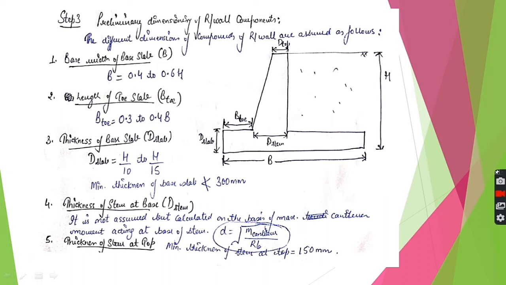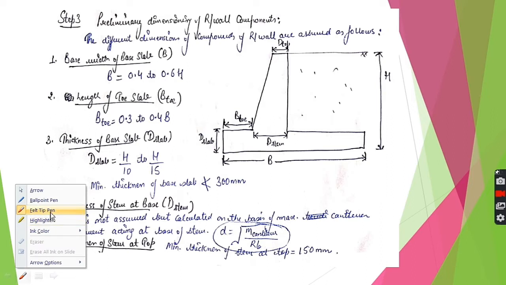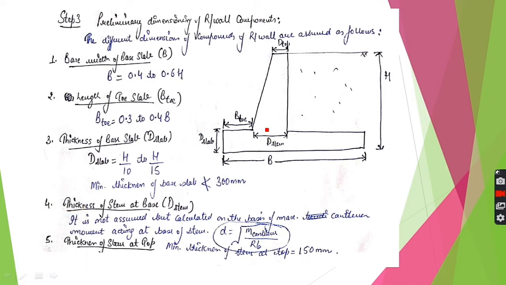The stem behaves like a cantilever, and the load acting on it is the lateral force. Due to this lateral force, we calculate the moment here, because as it is a cantilever, the maximum moment will be here. From that moment we calculate the required effective D, and then we calculate the total depth D.